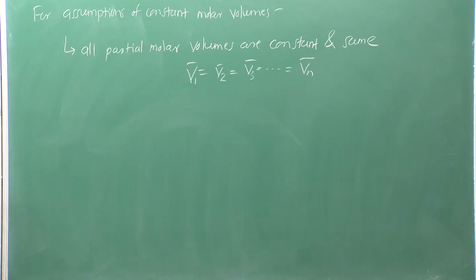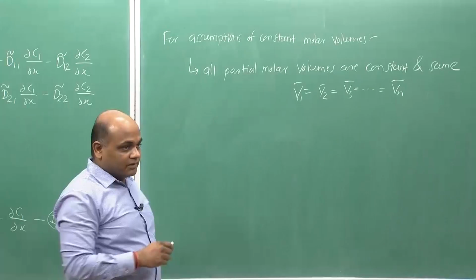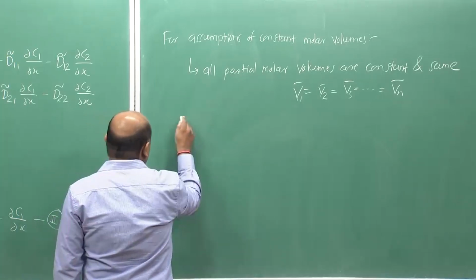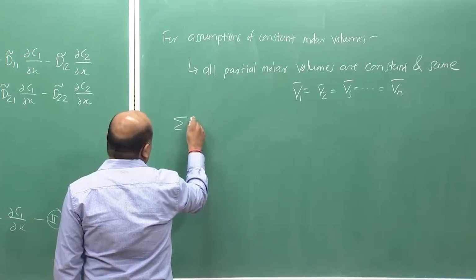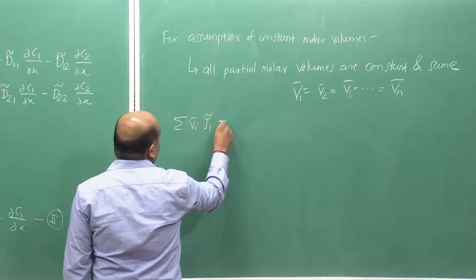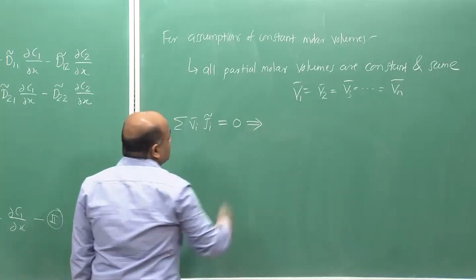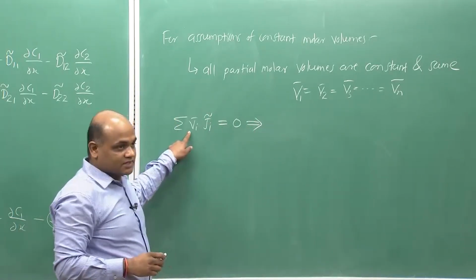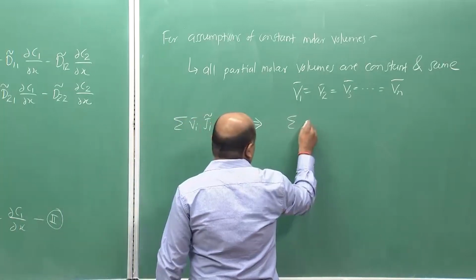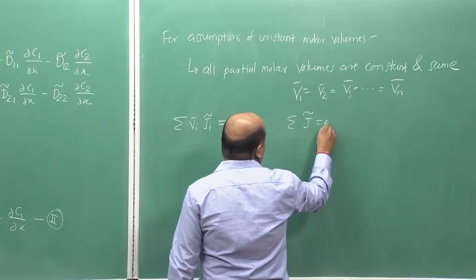This makes life simpler, because it not only simplifies the constraint. For example, sigma Vi bar Ji tilde should be 0, and since all Vi bars are the same, this just implies that sigma J tilde equal to 0.